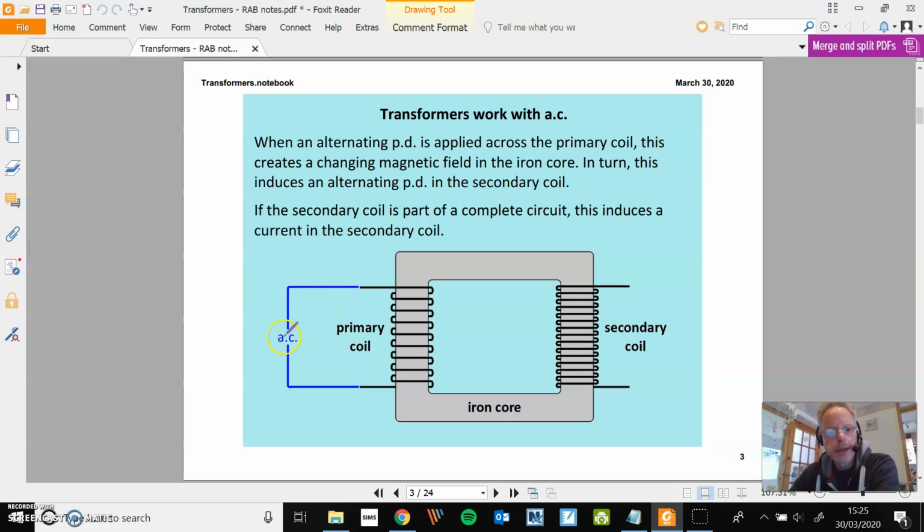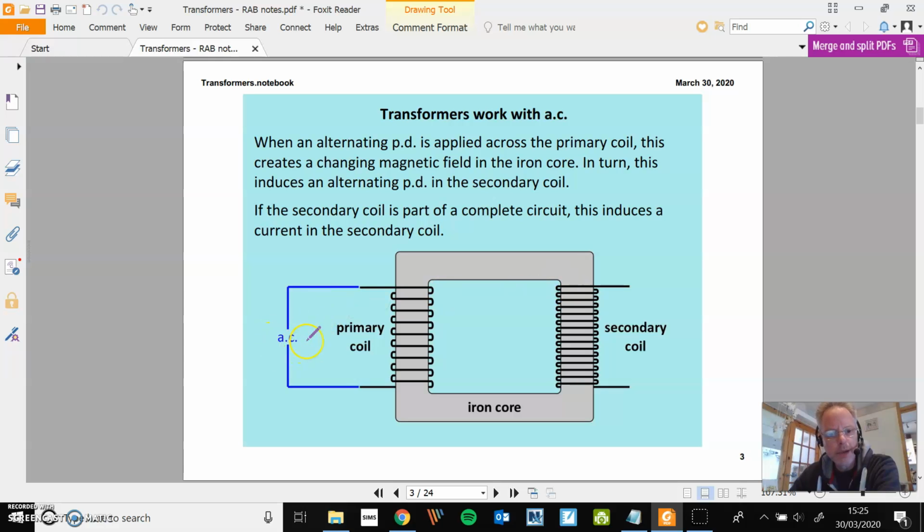Okay, so the alternating current in this coil creates a magnetic field in the iron core. Now if this was a direct current, it'd be staying the same size and the same direction all the time, and we'd get a steady magnetic field in the iron core. But that's not what's happening.